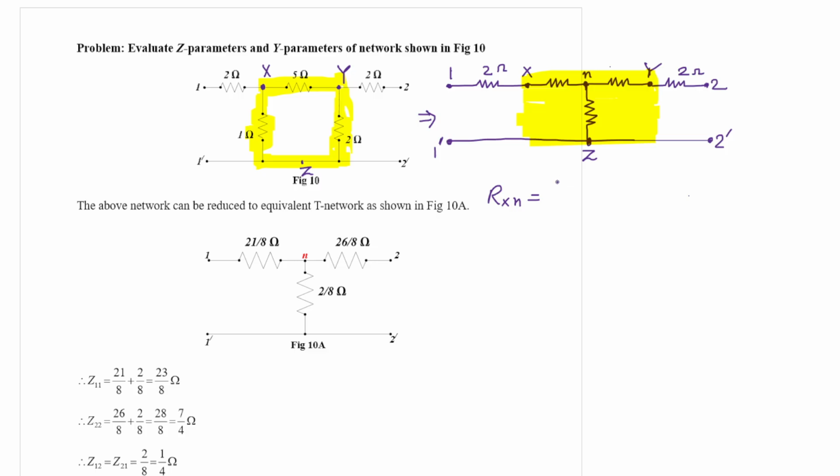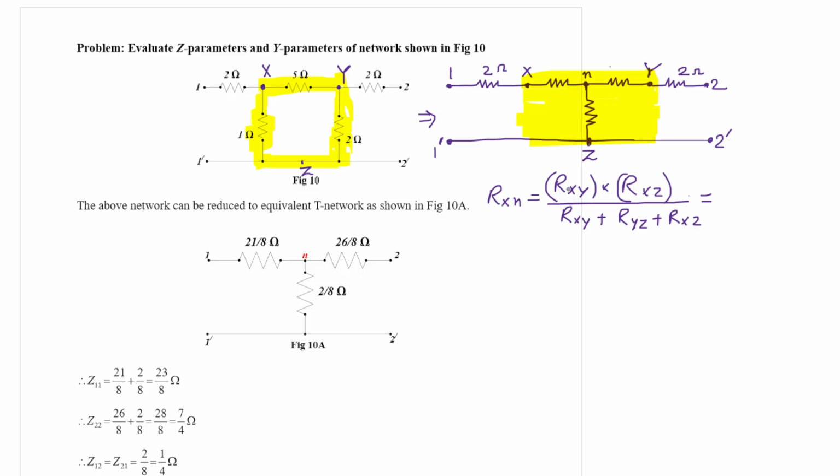That means Rxy into Rxz, divided by summation of all three, Rxy plus Ryz plus Rxz.